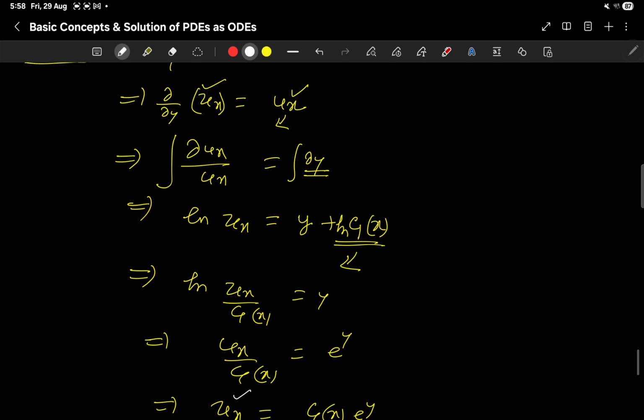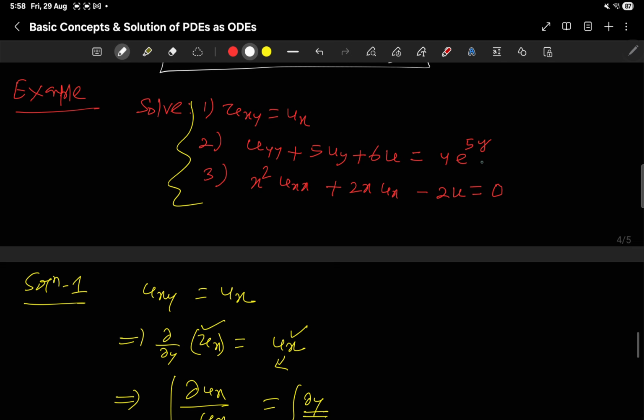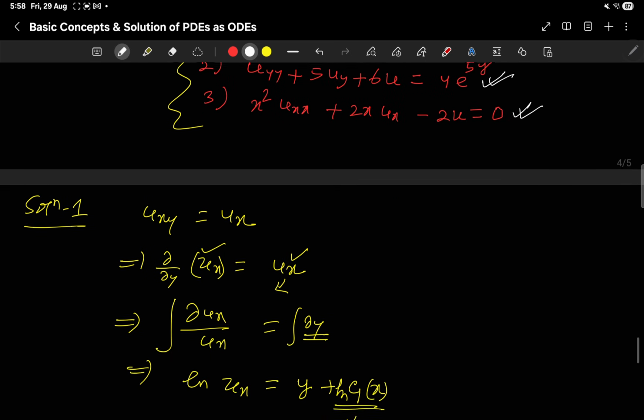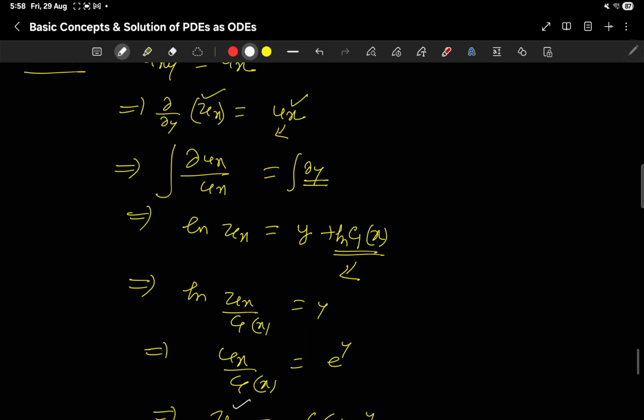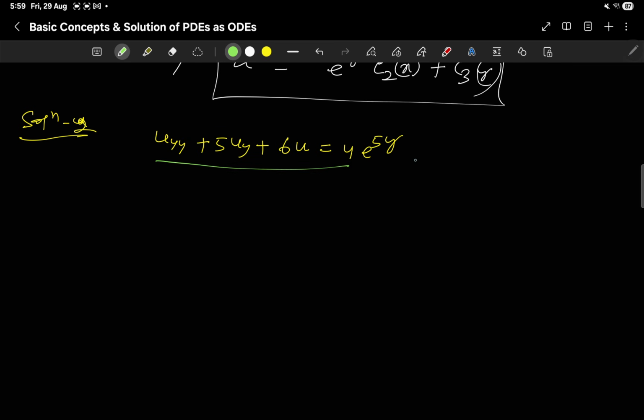Okay, now the solutions of 2 and 3, these are non-homogeneous cases. Okay, coming to solution number 2. Let me remind you, just to recall the corresponding ordinary differential equation. Suppose you have y double dash plus 5y dash plus 6y is 4e to the power 5x.